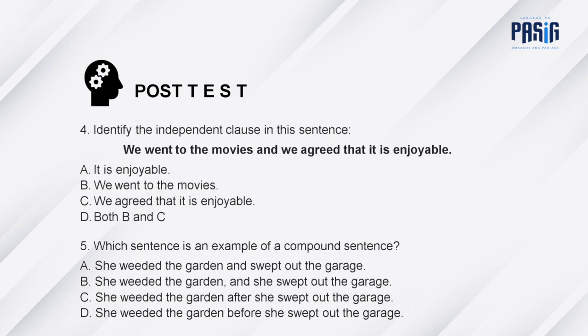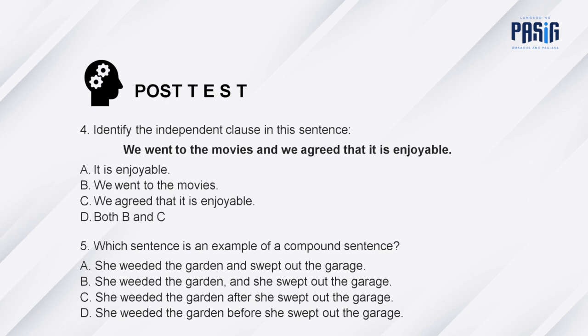Number 4. Identify the independent clause in this sentence. We went to the movies and we agreed that it is enjoyable. Letter A. It is enjoyable. B. We went to the movies. C. We agreed that it is enjoyable. Or D. Both B and C. Number 5.